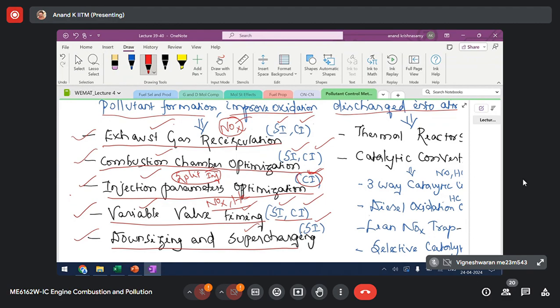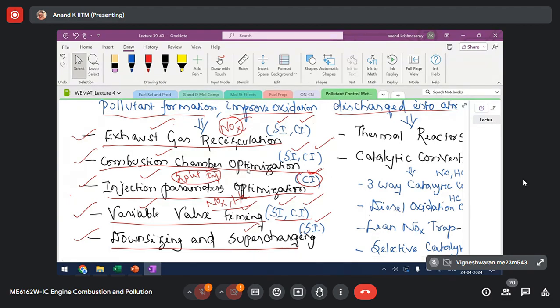So by having a variable valve timing system, if you notice that the NOx levels are very high, you can retain more residual in the cylinder. That way you can have control over NOx. Similarly, unburnt hydrocarbons also can be controlled using a system that can vary residual gas. We discussed how we can do that in the previous class. In fact, we have designed a mechanical system as well as an electronic one, two patented technologies developed by our group.